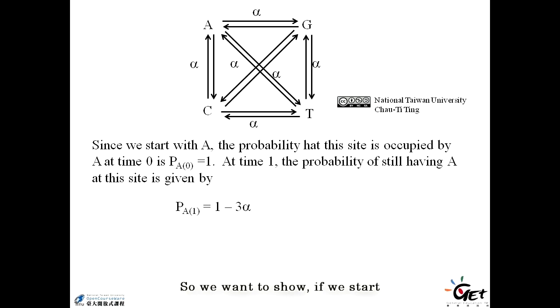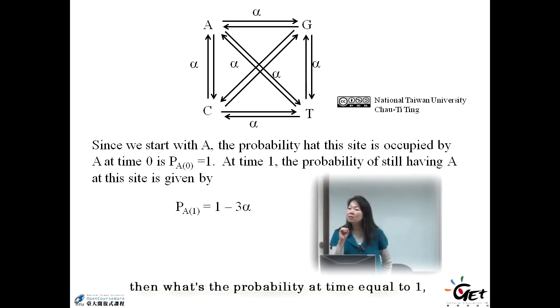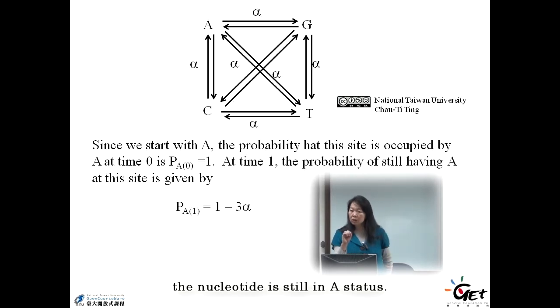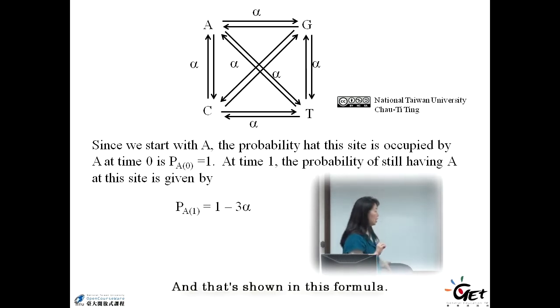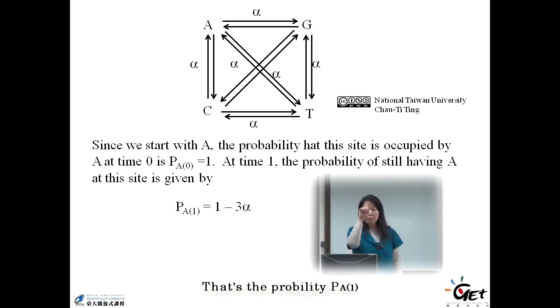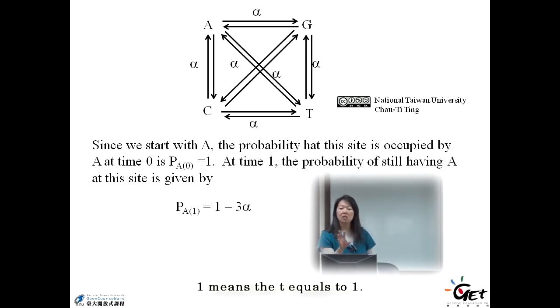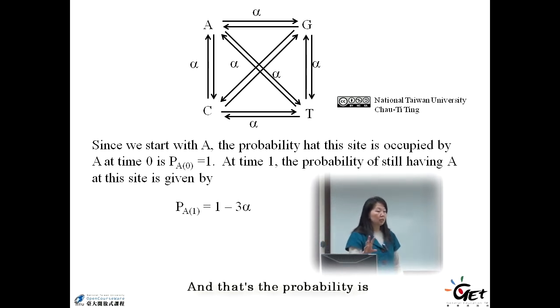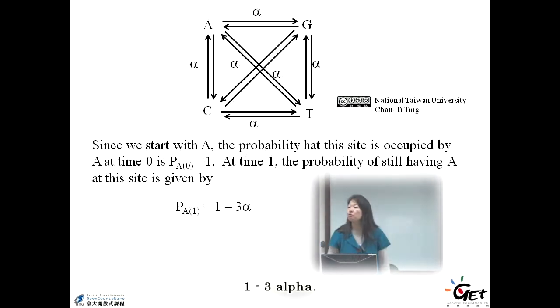If we start with nucleotide A at time equal to 0, what's the probability that at time equal to 1 the nucleotide is still an A? That's shown in this formula, the probability P_A(1), where 1 means t equals 1. So we're going from t equals 0 to t equals 1, and the probability is 1 minus 3 alpha.